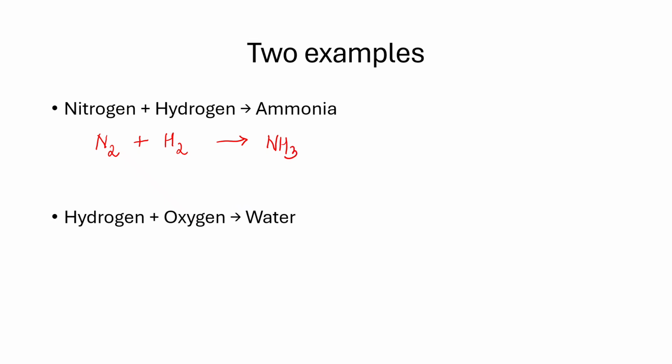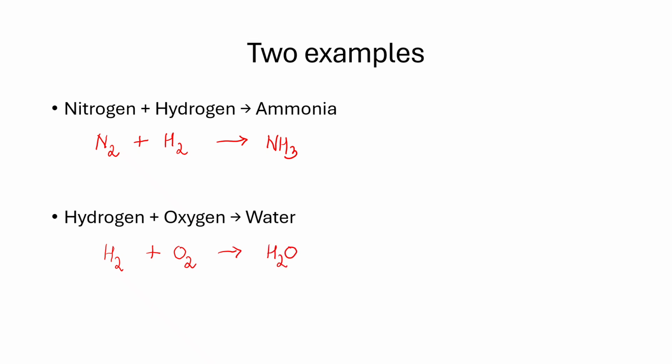Okay, let's now do the same for the second word equation. Hydrogen is H2, oxygen is O2, and these combine to make water, which is H2O.